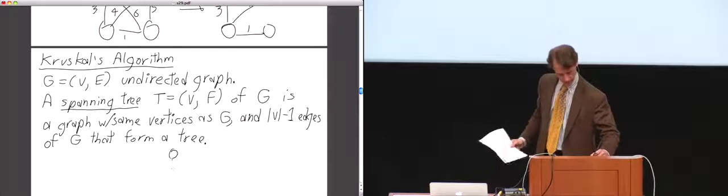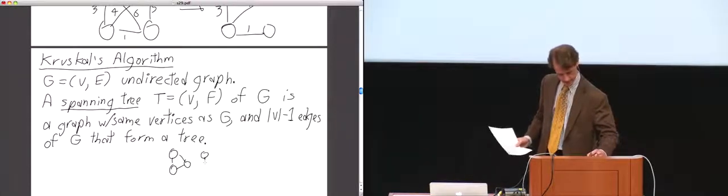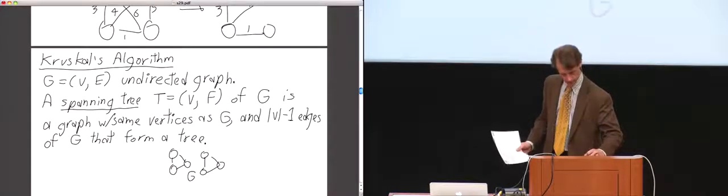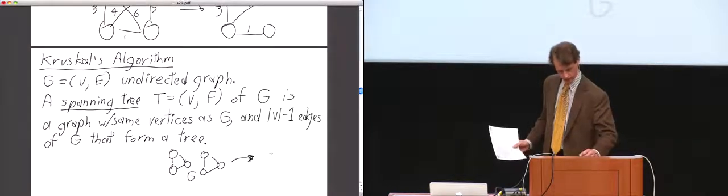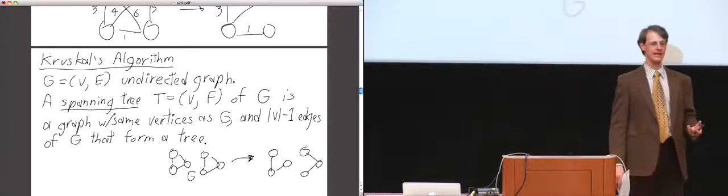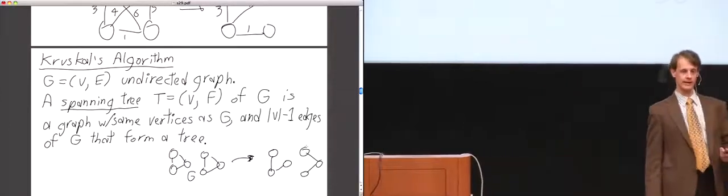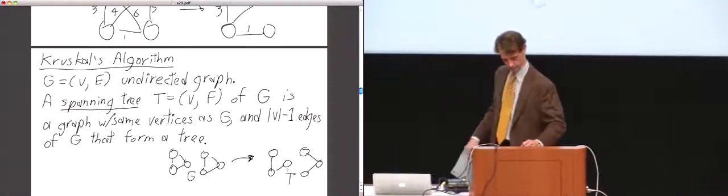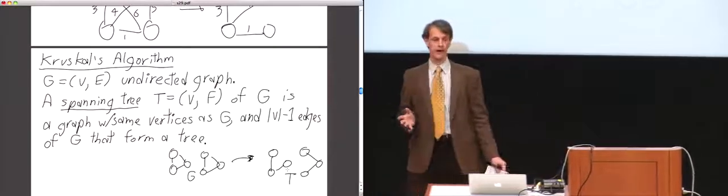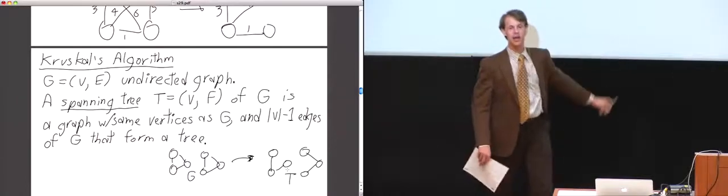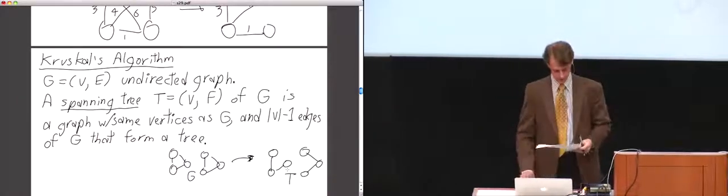Like if your input looks like this, well, that's not a connected graph, but the algorithm I'm about to show you will still create a spanning forest, which is a set of trees, one tree for each connected component of the input graph. But let's forget about that for now. Let's just assume that G is connected, not like that, and go ahead and find a spanning tree for it.